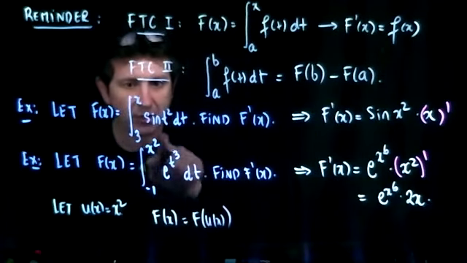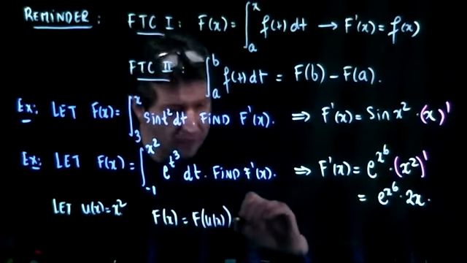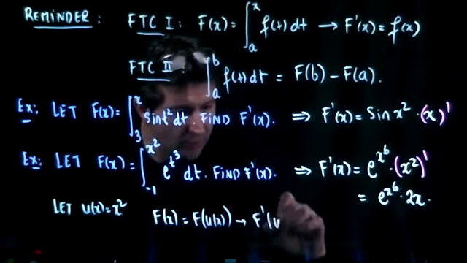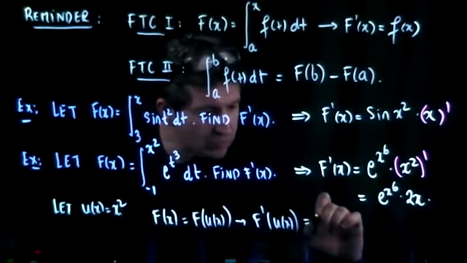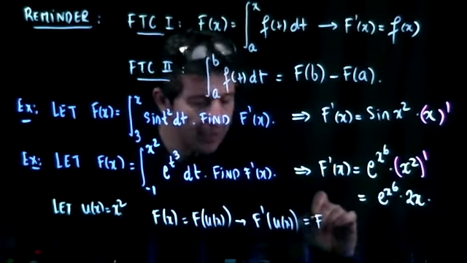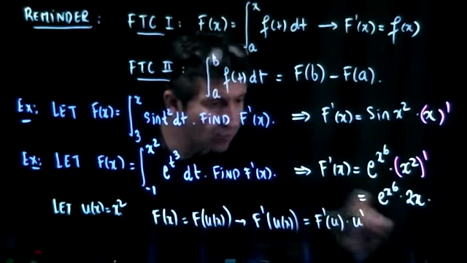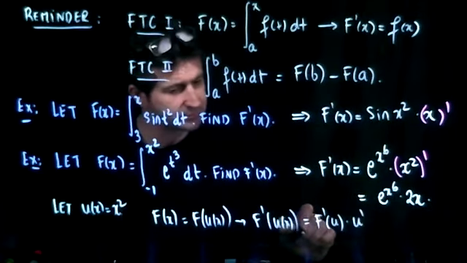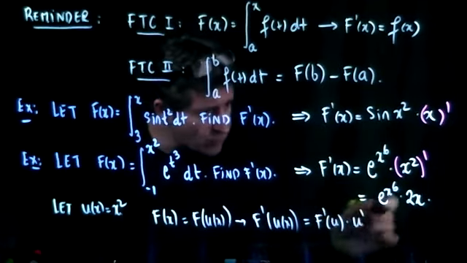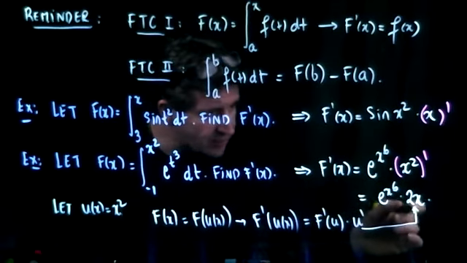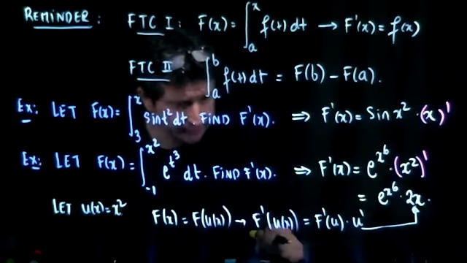So here I could put u of x. And if I derive this, using the chain rule, F prime of u of x is equal to F prime of u times u prime. Right? Chain rule. So that's why this u prime is my 2x. It's a function of a function.